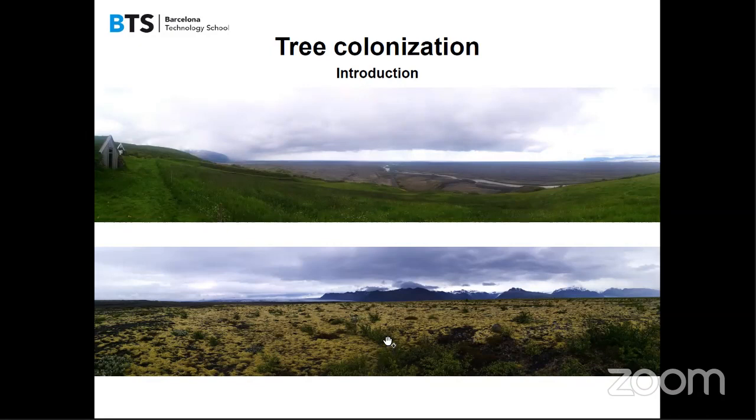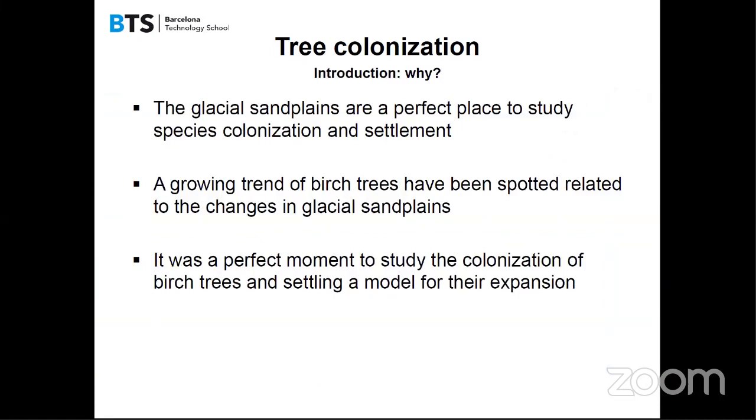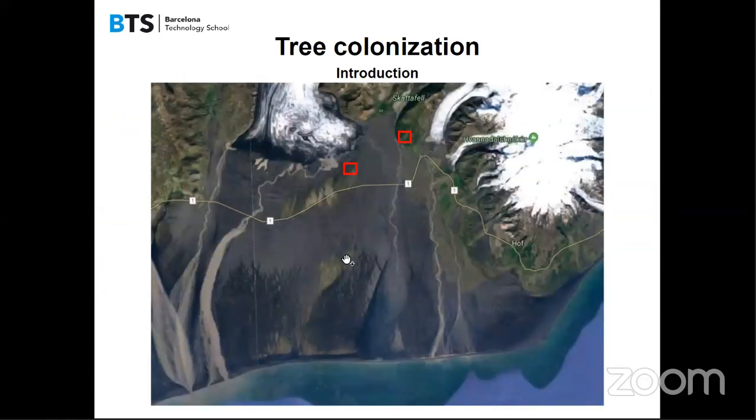So then people started looking at the ecological succession of the glacier retreat, right? How the glaciers are retreating, how the vegetation is taking over, and how the Arctic is getting greener, which is also a way to understand that the Arctic is getting warmer.